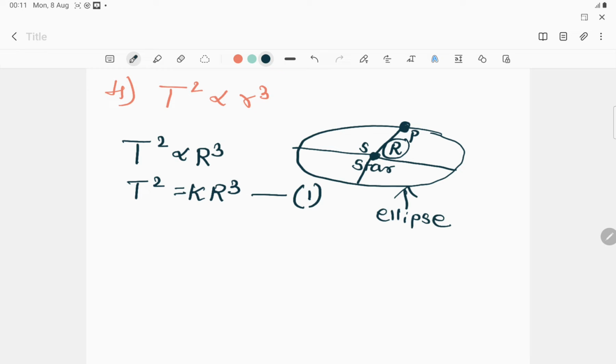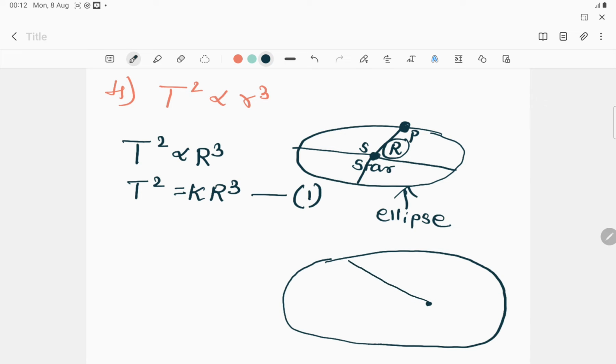Now they have given a condition: if it was at a distance of 2r from the star. Now I will draw another, somewhat bigger ellipse. My figures are not up to scale, these are just rough diagrams.